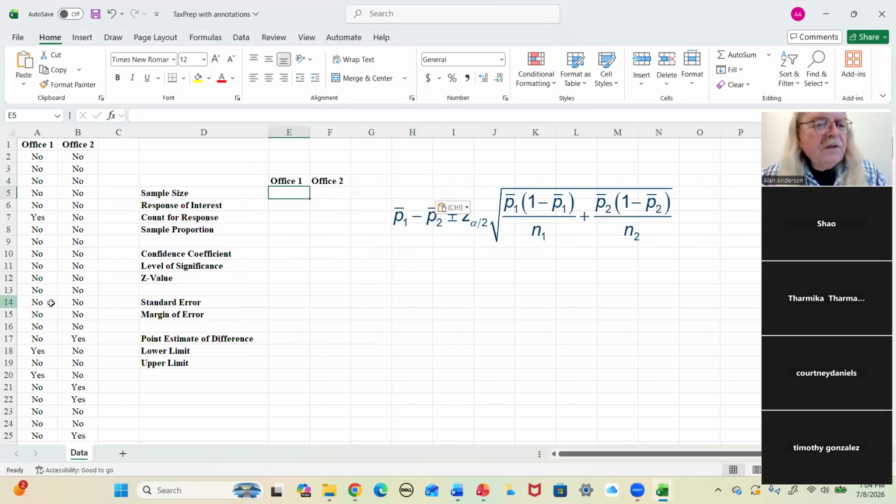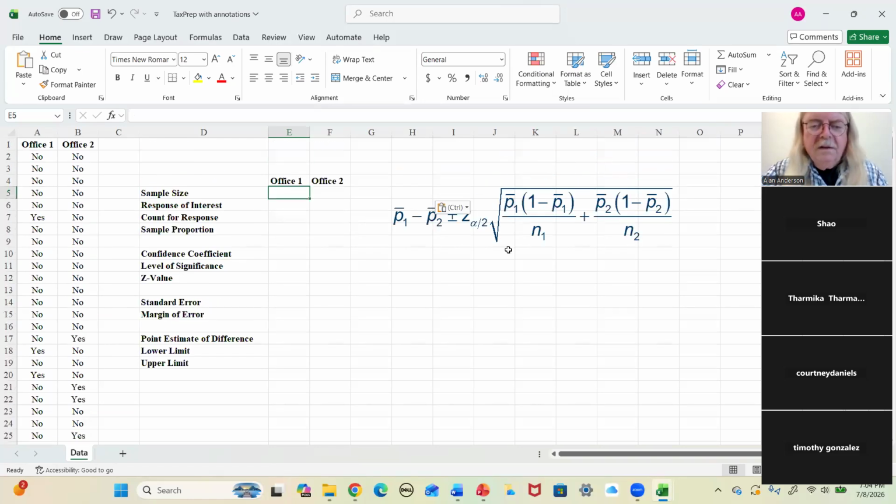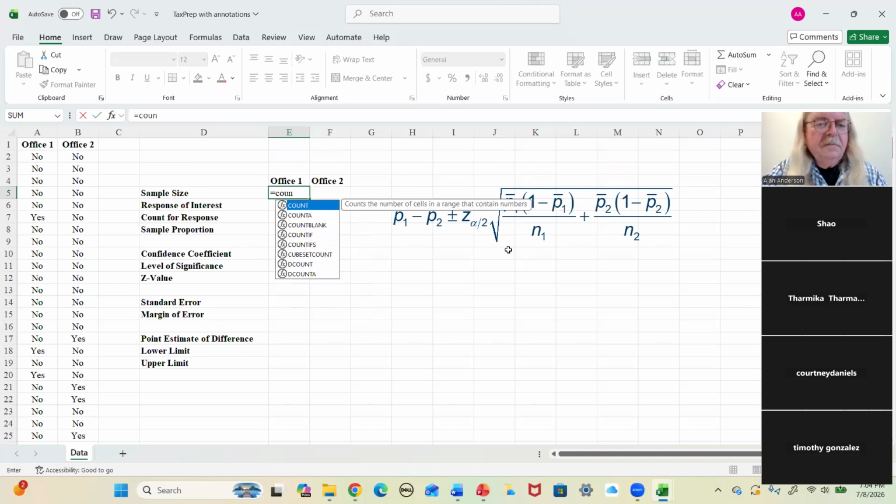So the sample size, now of course, this means that they intend for us to do these parts for ourselves. There's a lot of data here, by the way, and they're not the same. Remember, it was 250 for one. Also, remember, this is not numerical data. So when you count, you have to use COUNTA.